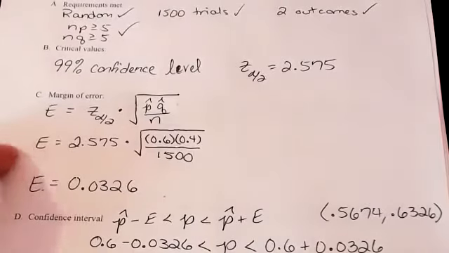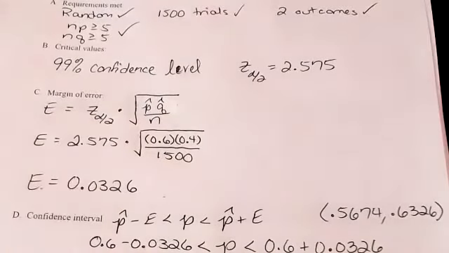So for the margin, the first one, I have 0.0126, but when I multiply it by 2.575, it gives me 0.0347.